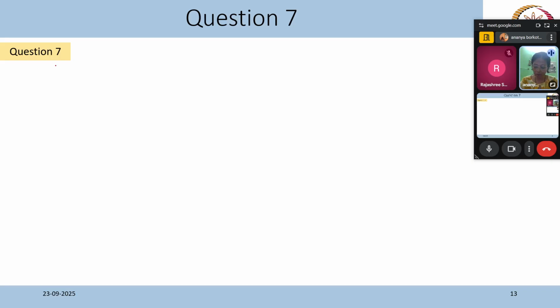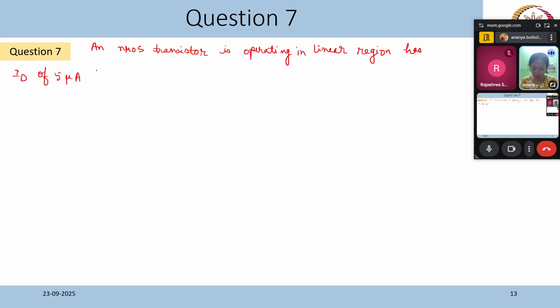Let's do it quickly. So this was a GATE question. An NMOS transistor is operating in linear region, has ID of 5 microampere at VDS of 0.1 volt.